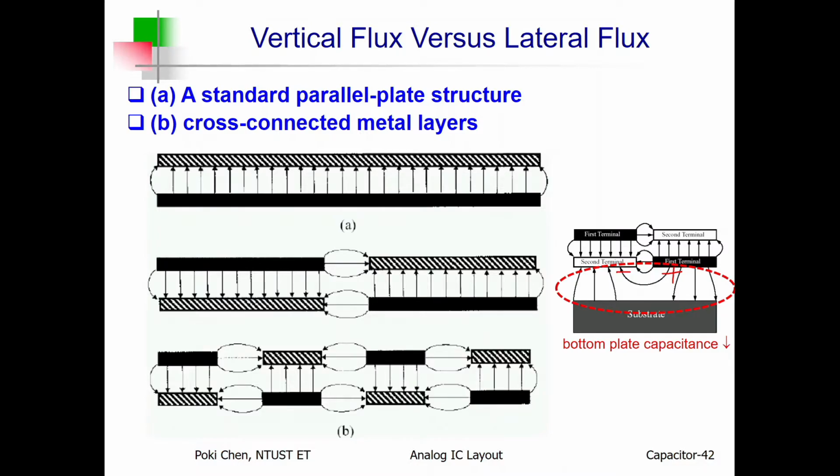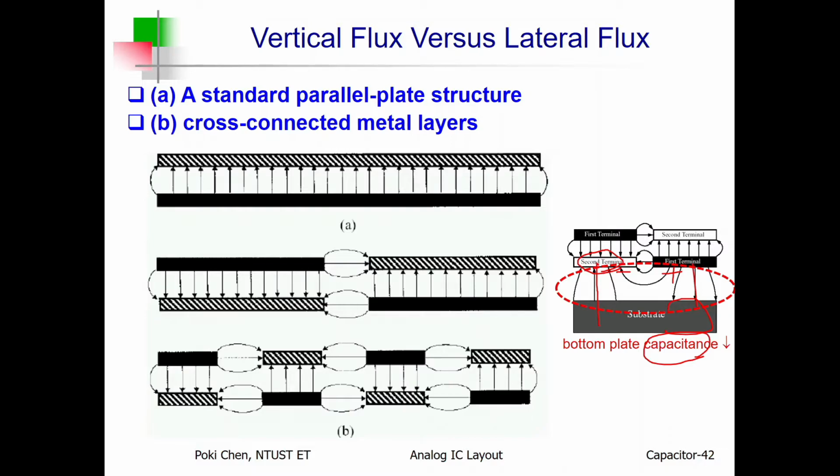They don't go down to the substrate or injected from the substrate to the negative terminal. In this way, we can reduce the bottom plate capacitance very, very much. It is really good for our circuit operation, especially for RF circuit operation.